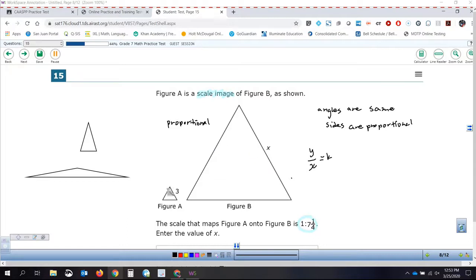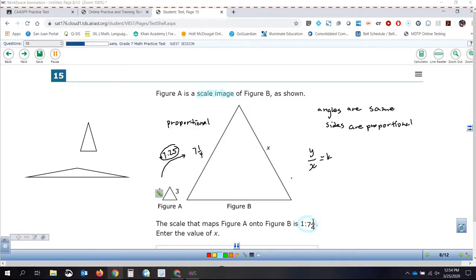So what they're saying is, if something were 1 on this triangle, it would be 7 and 1/4. Or to get from this triangle to this triangle, I'm going to multiply by 7 and 1/4, or 7.25. In other words, all of the sides on this bigger triangle are 7.25 times as big as the ones on this triangle.